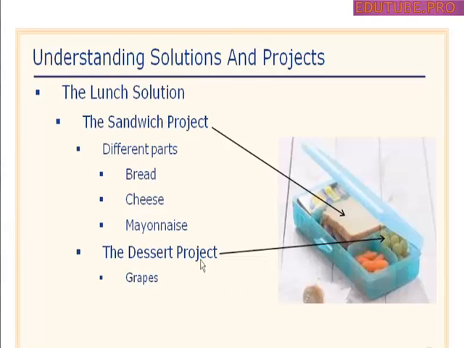I didn't do arrows or anything, but we have the carrots or the vegetable project here, and then some other project going on here. So we have multiple projects involved, and we're carrying them all around in the one solution.